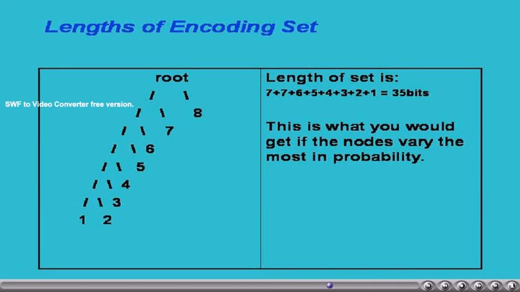Real benefit or real compression becomes possible only if the probabilities of the symbols are not the same, that is, they are not equal probabilities. There is a large variation in the probabilities of the symbols. Then only will we get the benefit of Huffman coding.